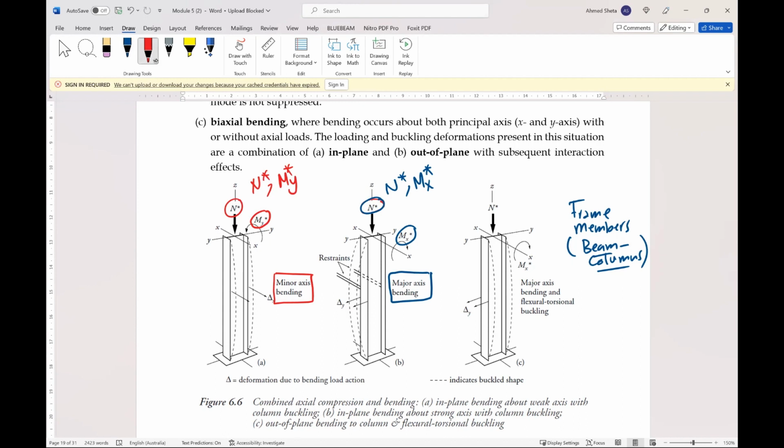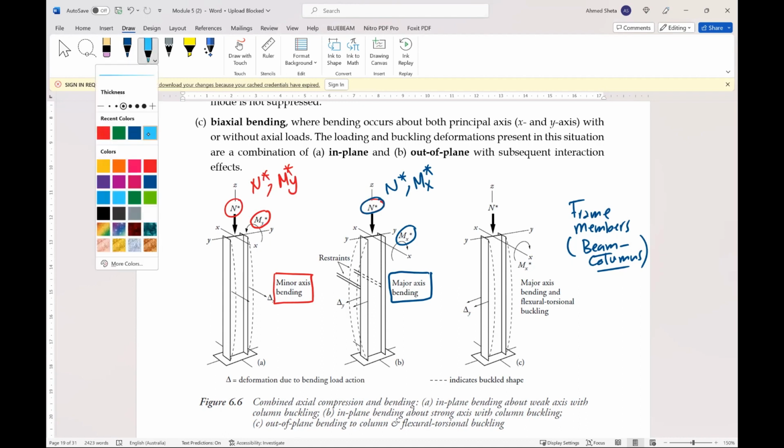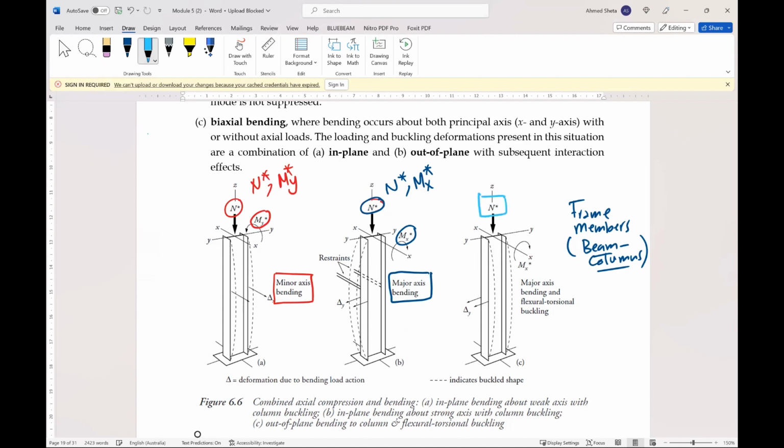The third one is subjected to normal force and major axis bending Mx, but it is also subjected to flexural torsional buckling.